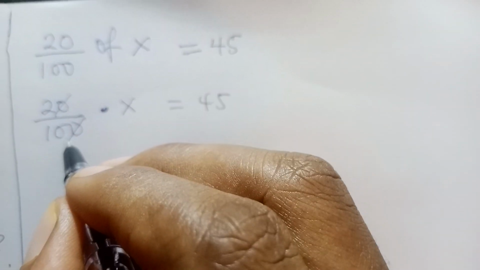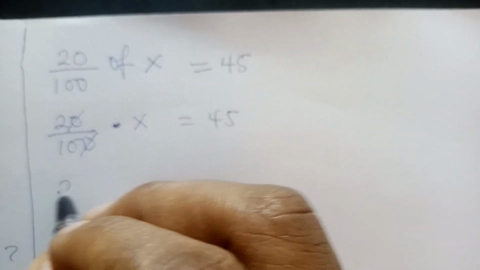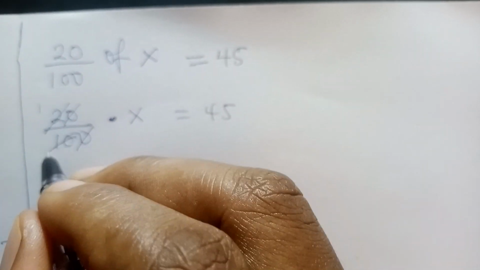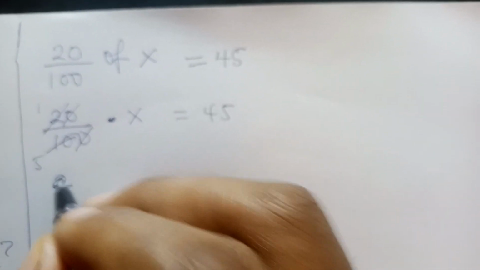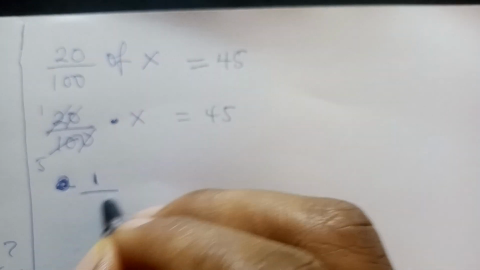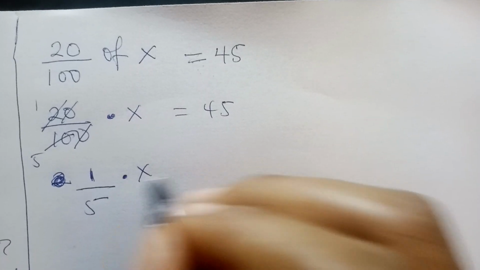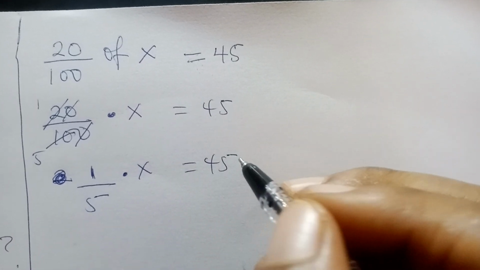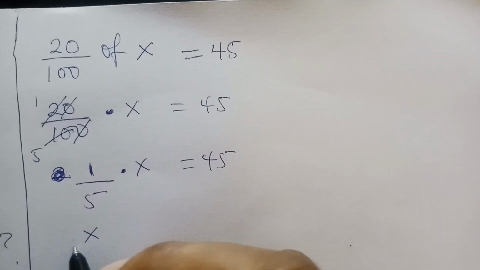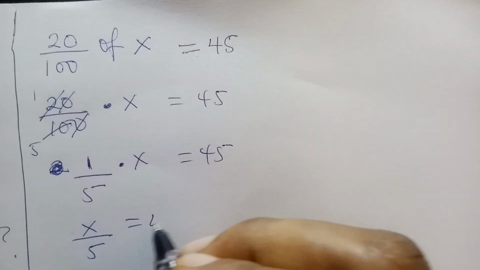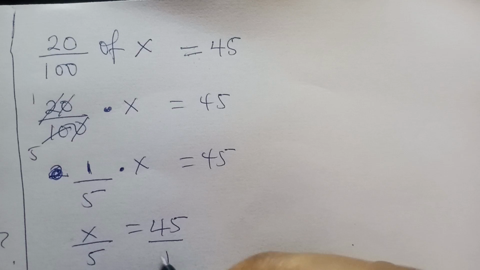The 0 cancels, and we have 2 here is 1, 2 here is 5. So we have 1 over 5 dot x equals 45. And so this is x over 5 equals 45 over 1.